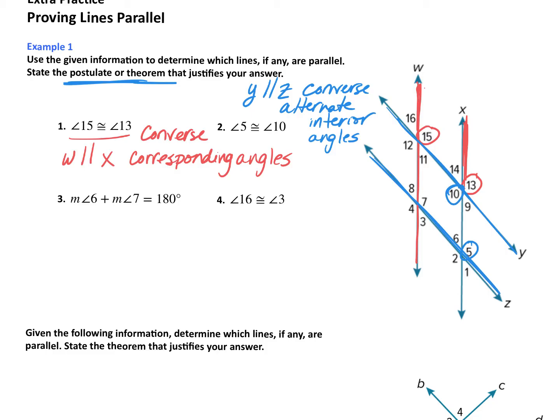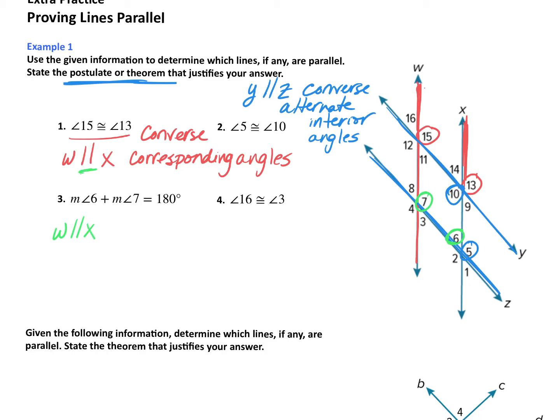So if we take a look at 6 and 7, here's 6 and 7. They sit on line Z as the transversal. So if line Z is the transversal, then that means it's lines W and X that are parallel.